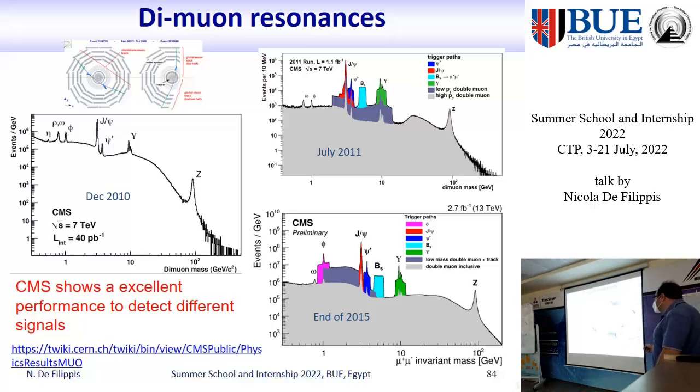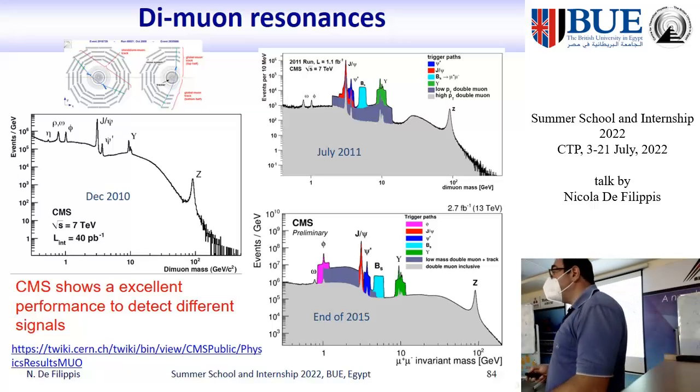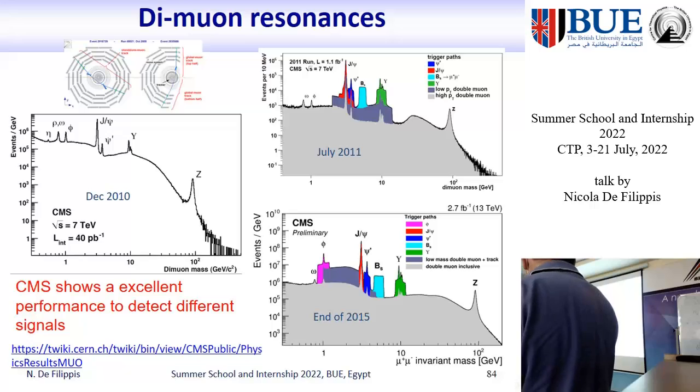But then, is there any other resonance at very high energy? Well, until now, we didn't find any resonance at very high mass.